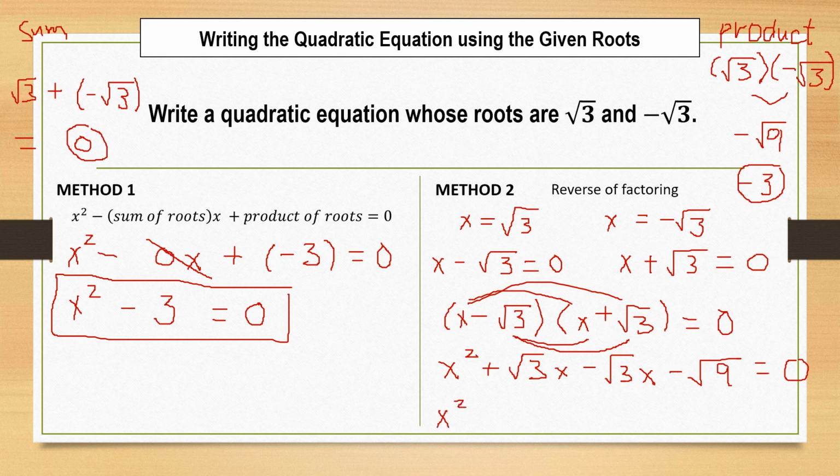The square root of 3x and the negative square root of 3x when combined will give us 0. So this will be cancelled out, and let us bring down negative square root of 9. The negative square root of 9 is equal to negative 3 is equal to 0. So same quadratic equation, x squared minus 3 is equal to 0.